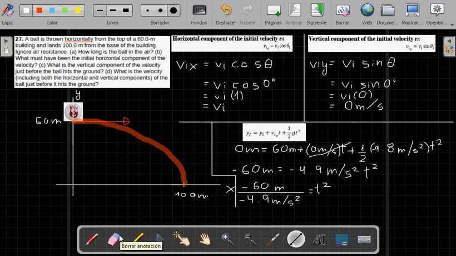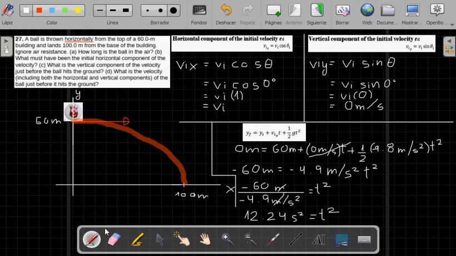Now we must divide 60 by 4.9, and that's equal to 12.24. What is going to be the unit? Meter goes with meter, and what remains is squared seconds. But we haven't isolated this time, at least not yet.